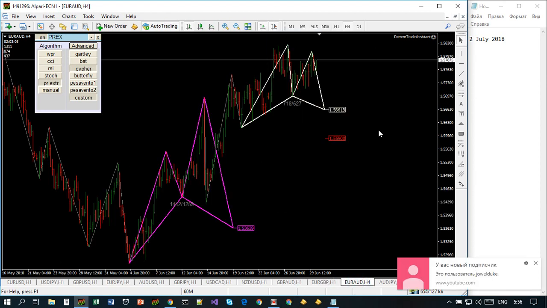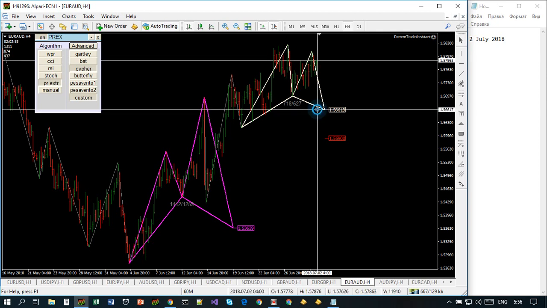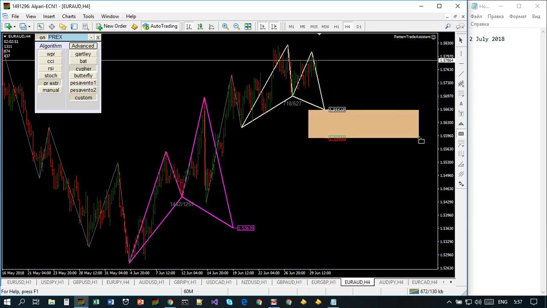Euro Aussie, a potential unified Gartley. Okay guys, what is this unified Gartley? How to trade it? You shouldn't place any limit orders here. You should treat this distance between the 786 and 113 as a potential reversal zone. If price goes here, only then look for some reversal signals, because it is a reversal pattern.